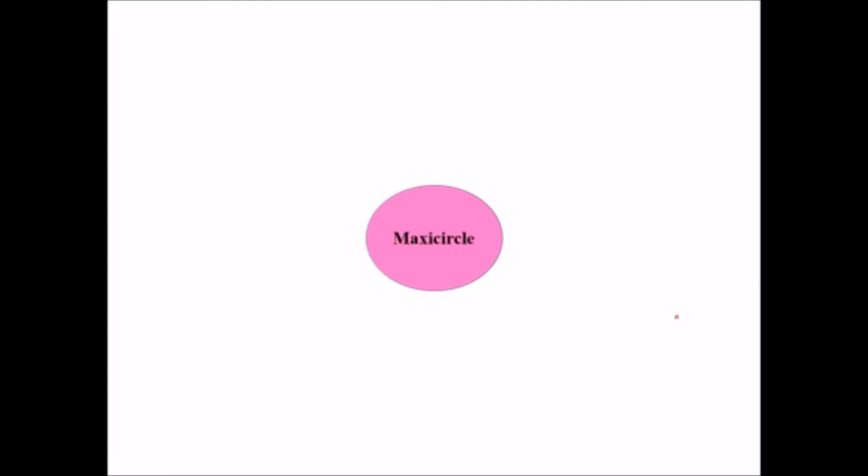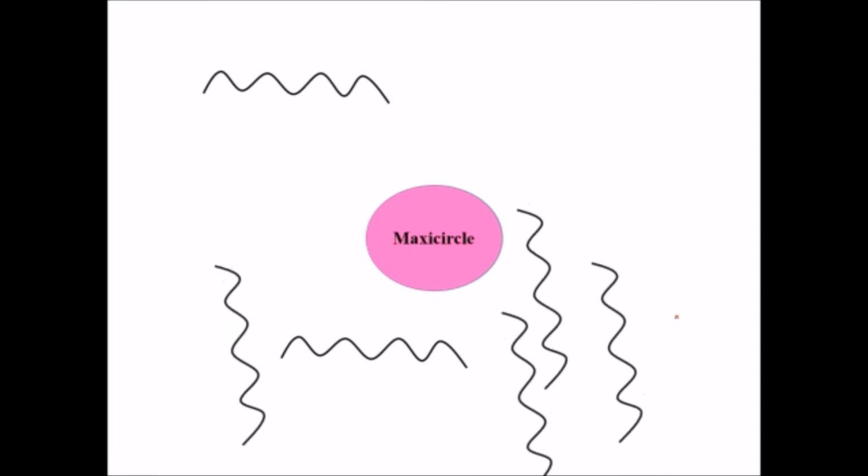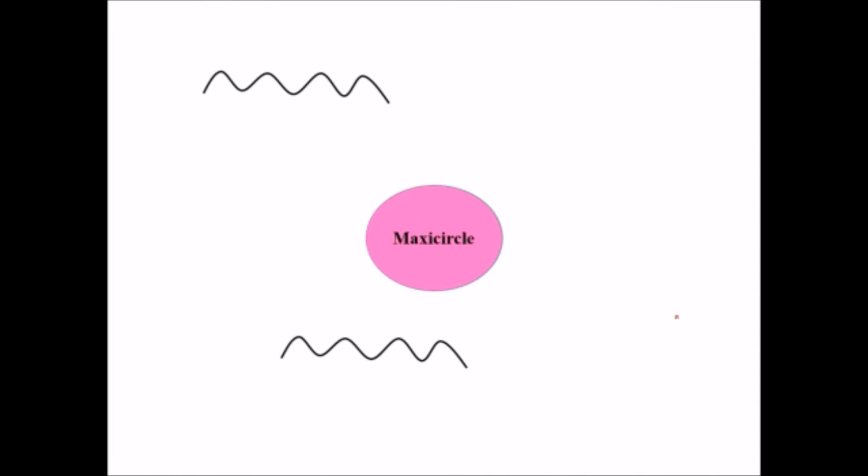As I have told, the maxi circles have most of the genes that get transcribed, but most of the transcripts of the maxi circles are not translated into protein. This is because they need some editing before translation, and the transcripts are only expressed as protein after RNA editing.